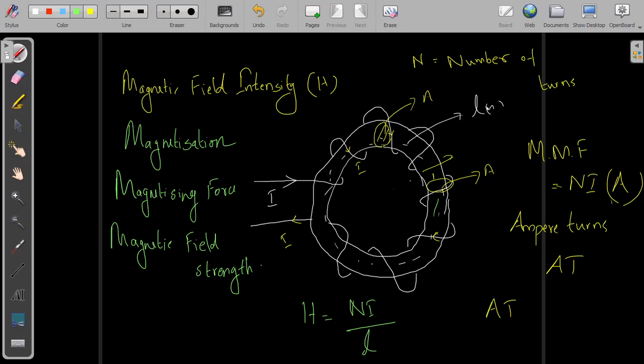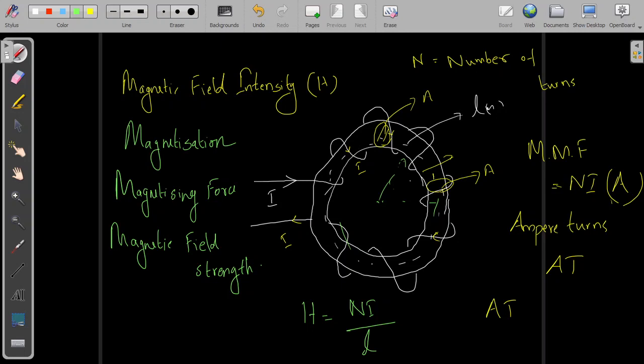Here we will have an inner radius and also an outer radius, so we will have two perimeters, but we take an average value passing through the center. So that is what we take as L. So H is equal to NI by L. That is how magnetic field intensity is defined.